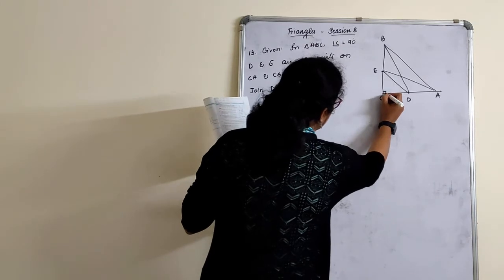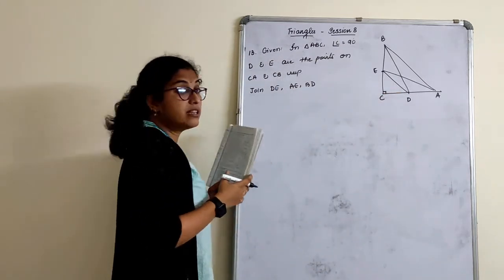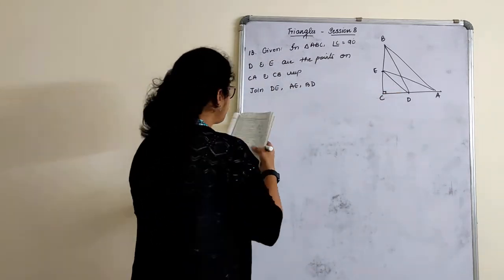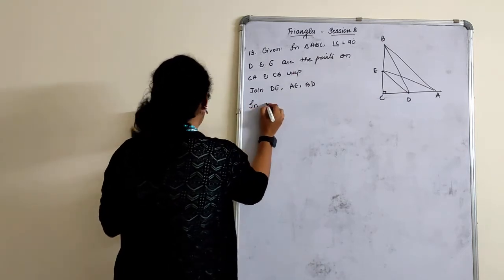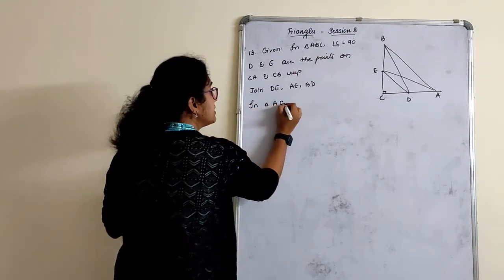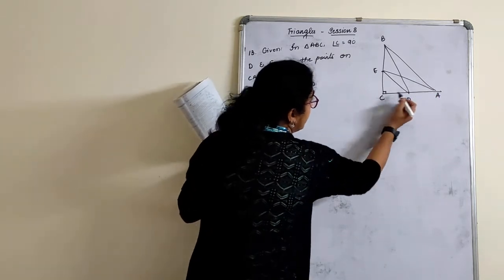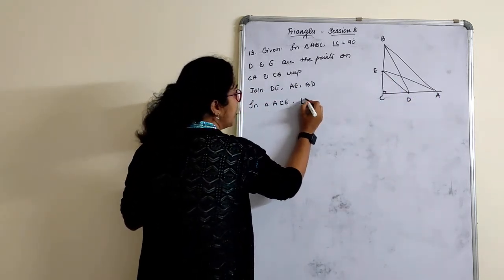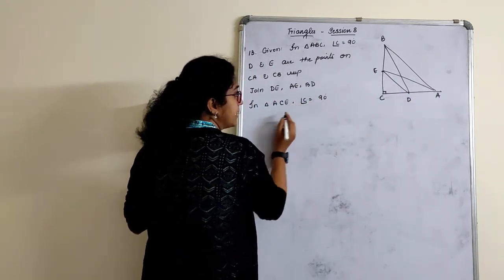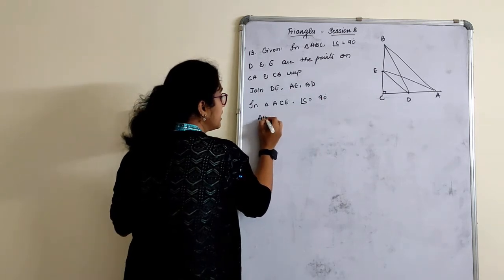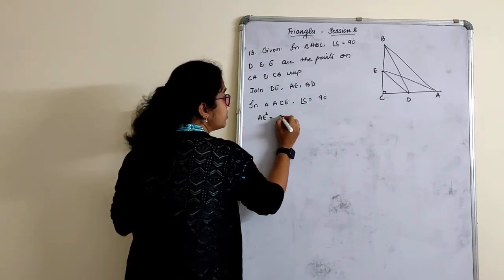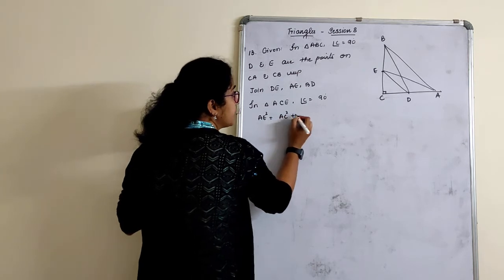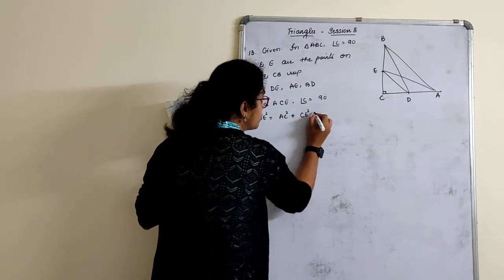So how many 90 degrees? This is one right angle triangle. But how many triangles we can form from that? Let's see. So first of all, in triangle ACE, angle C is equal to 90 degree. So it is AE square is equal to AC square plus CE square.